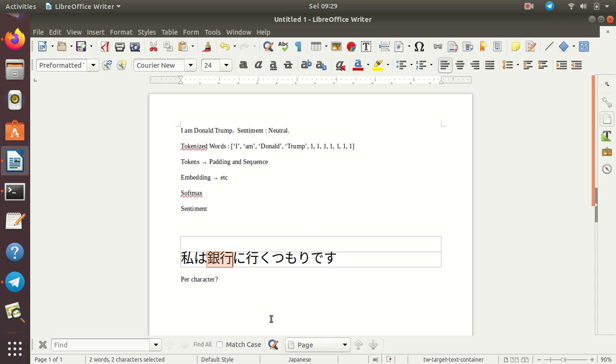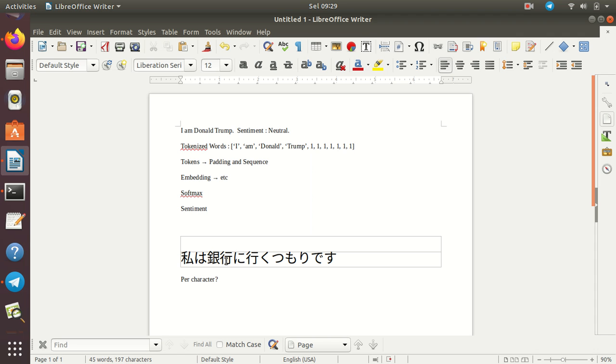What if this is not a noun, not a place or location, but contains particular sentiment information? You cannot do it per character, because you lose that meaning.